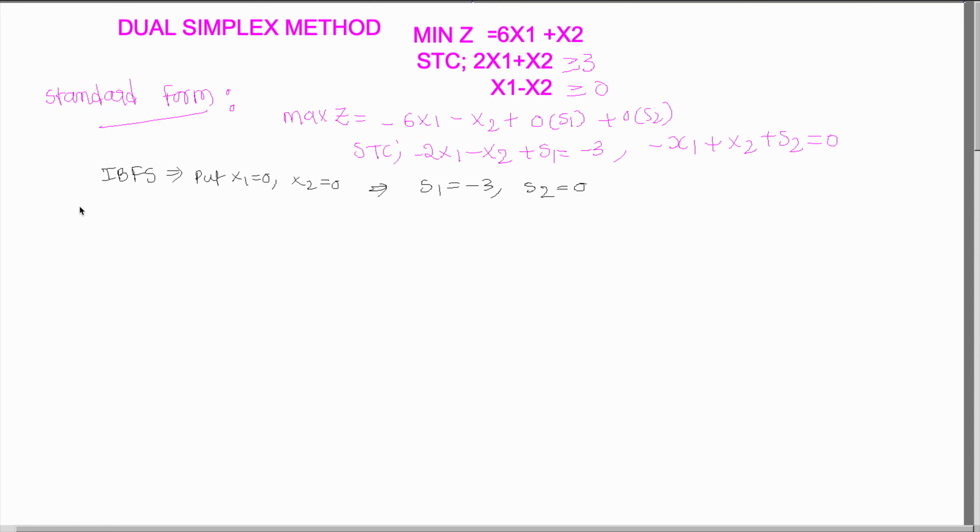So let's start. Initial simplex table, simply I call IST. There are two slack variables because we have two subject to constraints. X1 minus 6, minus 1, 0, 0.